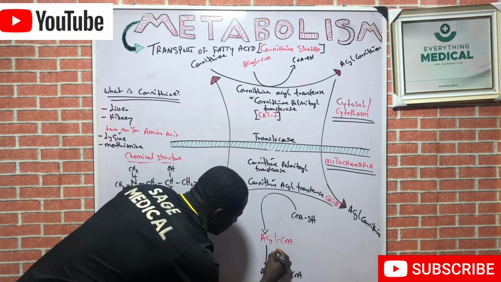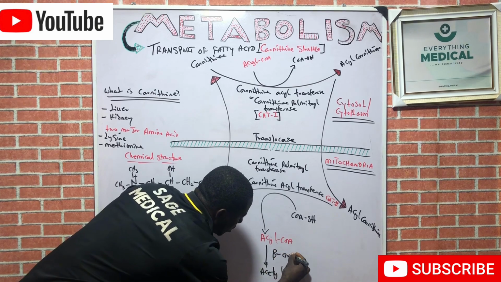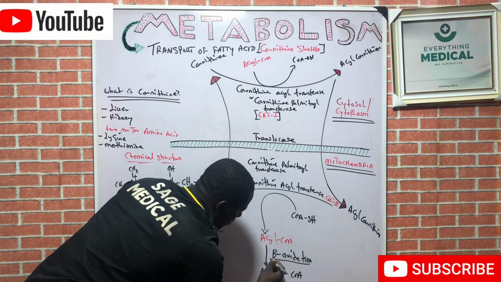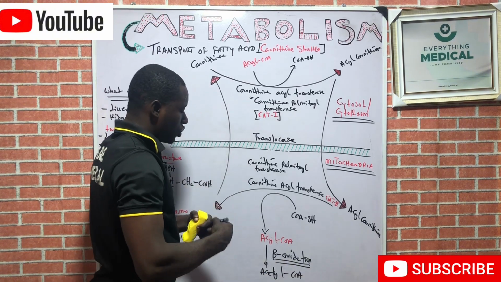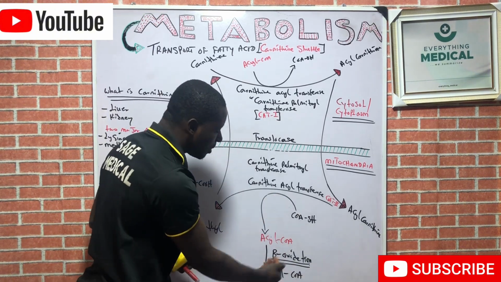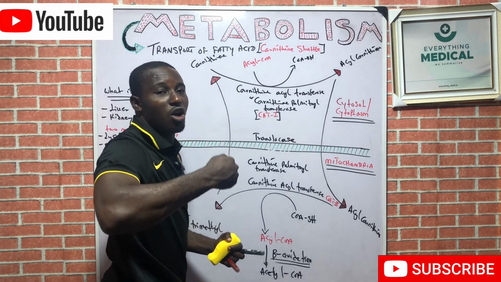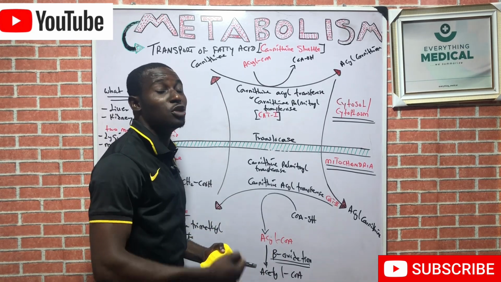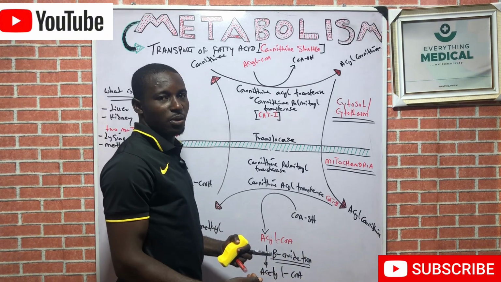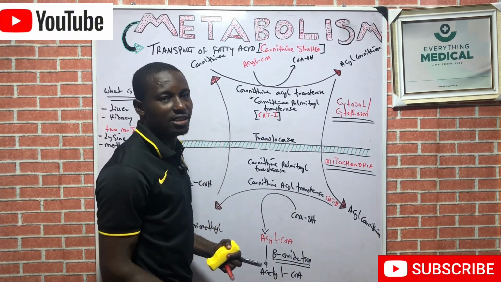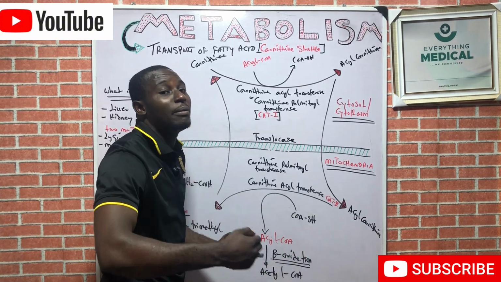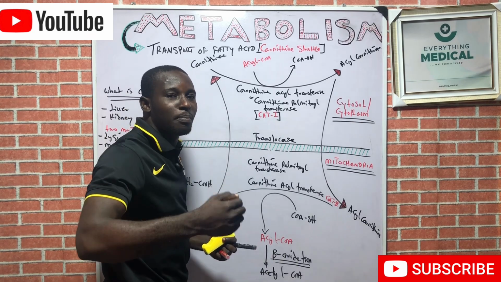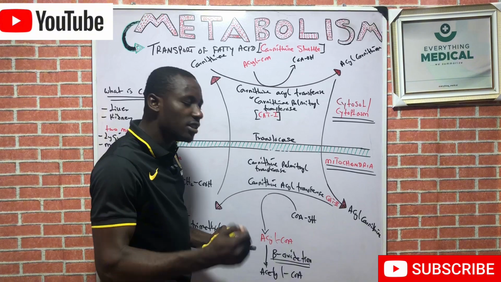We have our beta oxidation. So for acyl-CoA to form acetyl-CoA, it must undergo beta oxidation, because the essence of beta oxidation is to produce acetyl-CoA, which enters the TCA cycle to be oxidatively decarboxylated as 2 atoms of CO2 in step 3 and step 4 of the TCA cycle.